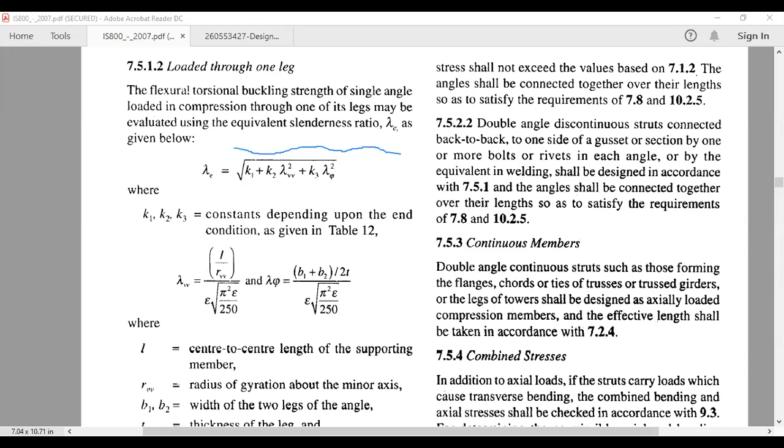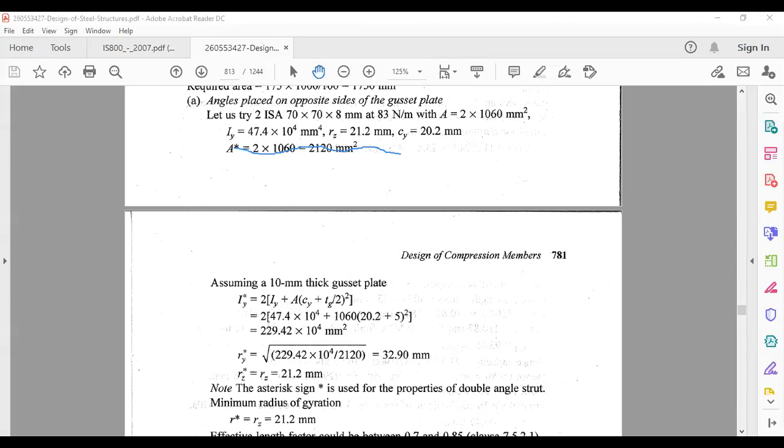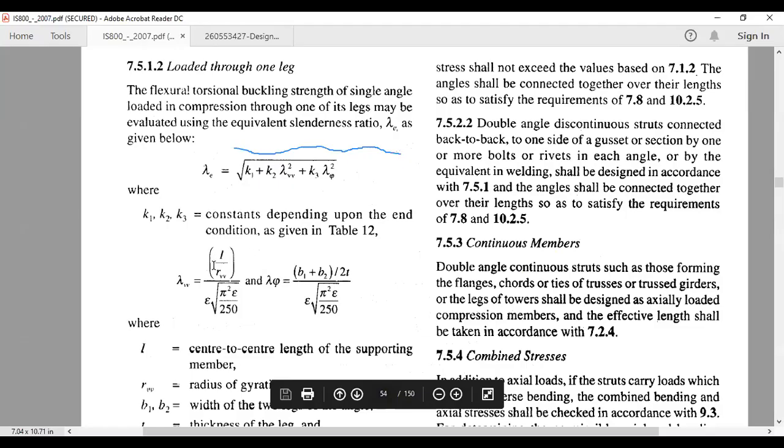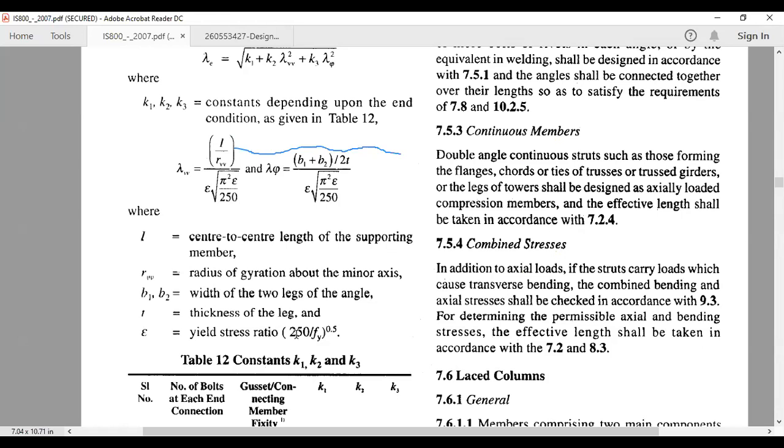So L is the distance from the center of this connection to the center of this connection. That is the length L. Once you have that L and RVV, obtain this lambda VV. In this, pi square E, this is epsilon, the ratio of the stresses.